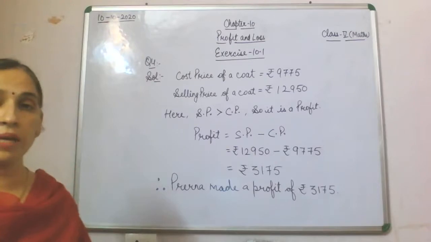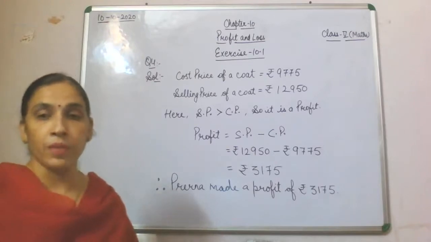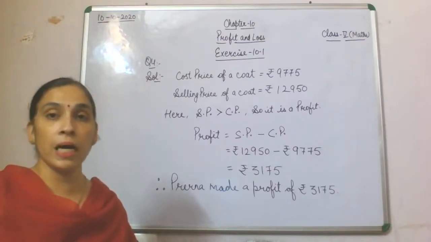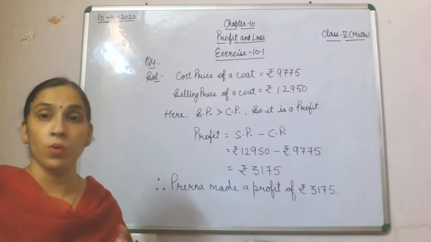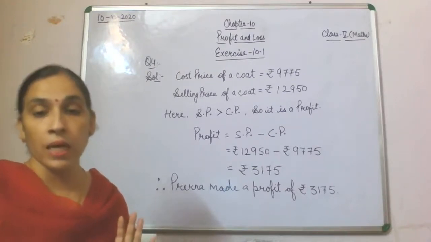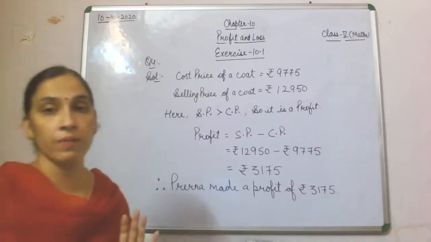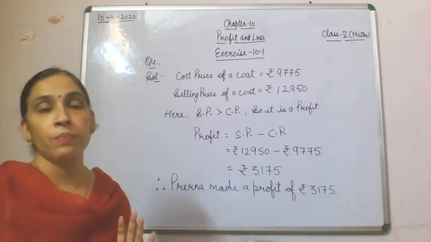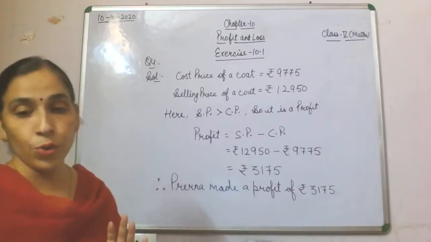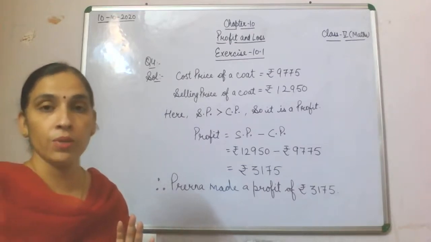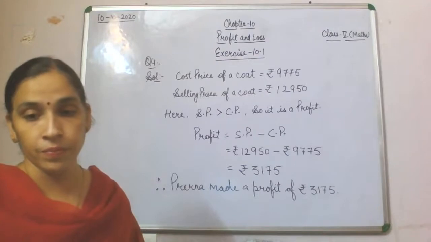So what we have seen in this question, I'll read out that question once again and you will understand what we have done in that question. Now Prerna bought a coat for rupees 9,775 and sold it for rupees 12,950.